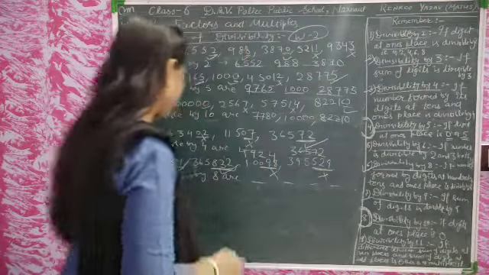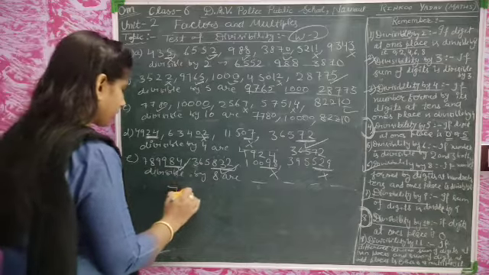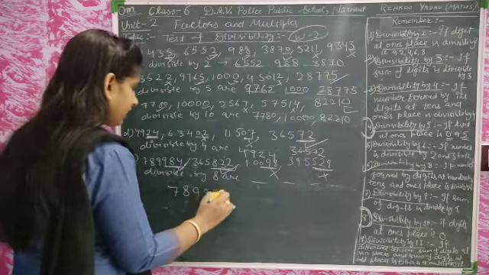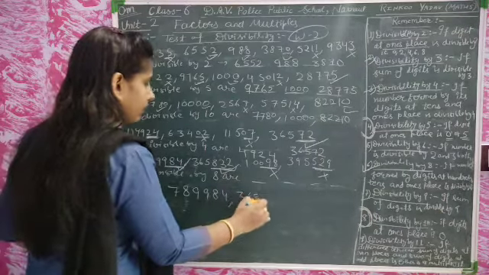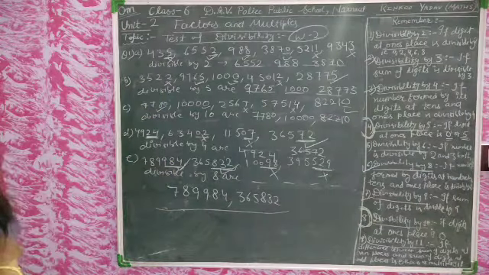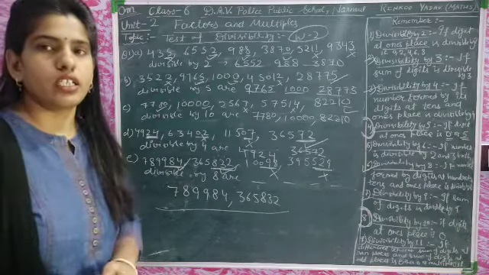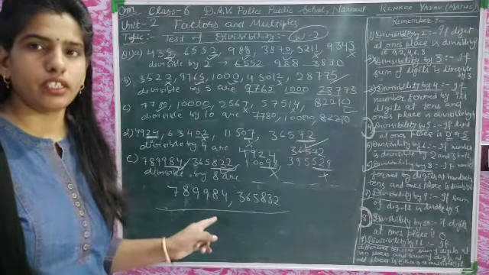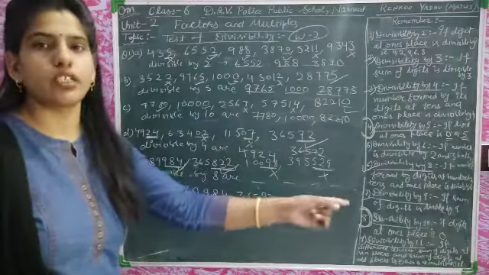This is also not divisible by 8. The numbers divisible by 8 are 789984 and 365832. Is it clear, students? Hope so. There is no problem understanding the divisibility rules.